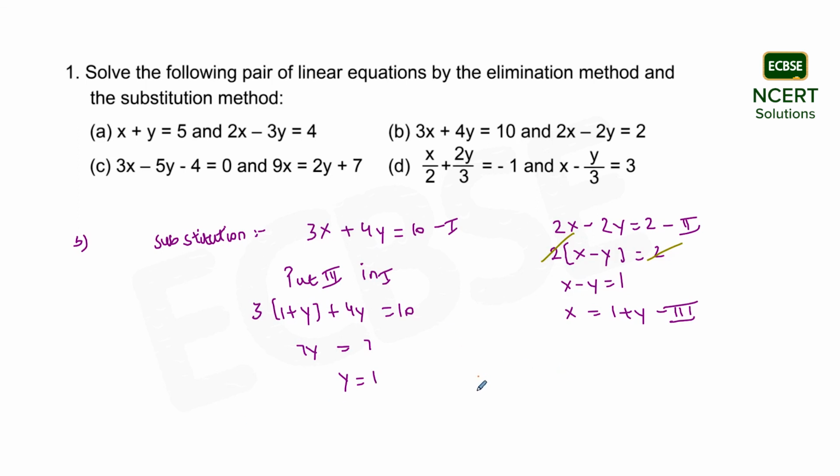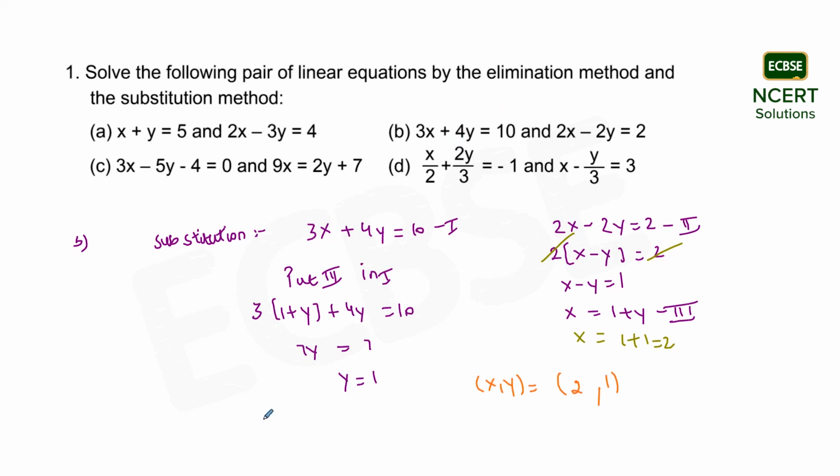So from here, the value of x comma y is equal to 1, and we need to find the value of x. Substitute this value of y in equation third. So substituting it, x comes out to be equal to 1 plus 1, which is equal to 2, which means x comma y in the second part is equal to 2 comma 1. So this was about the B part, where we have solved the B part by using the elimination method as well as the substitution method.